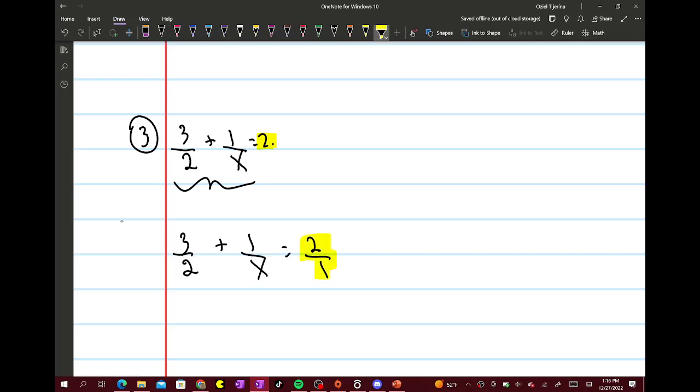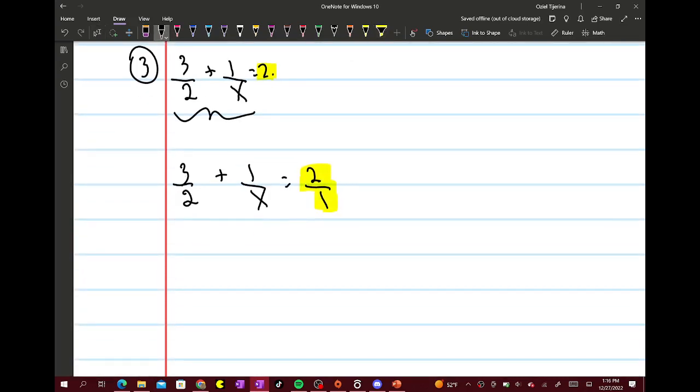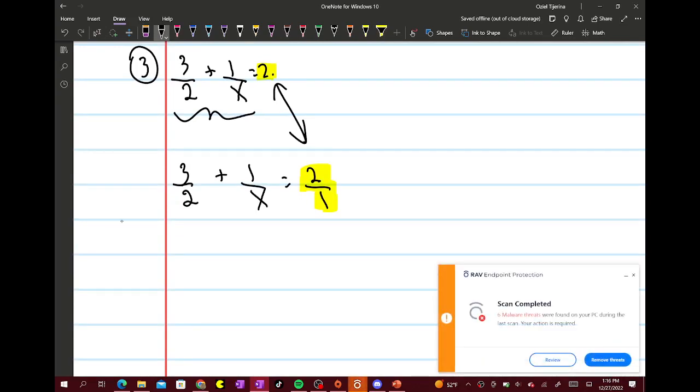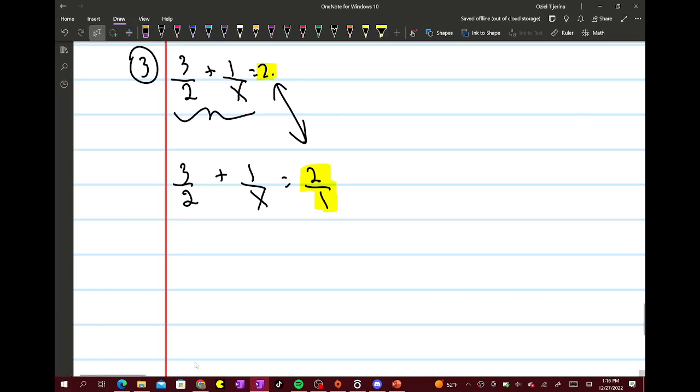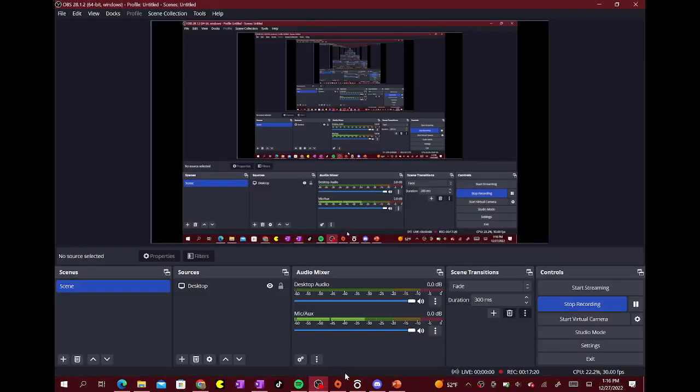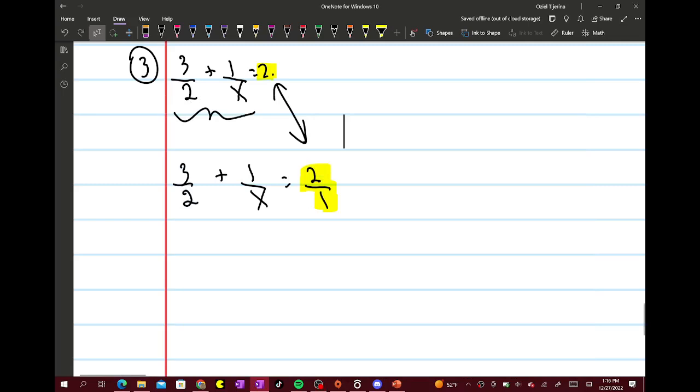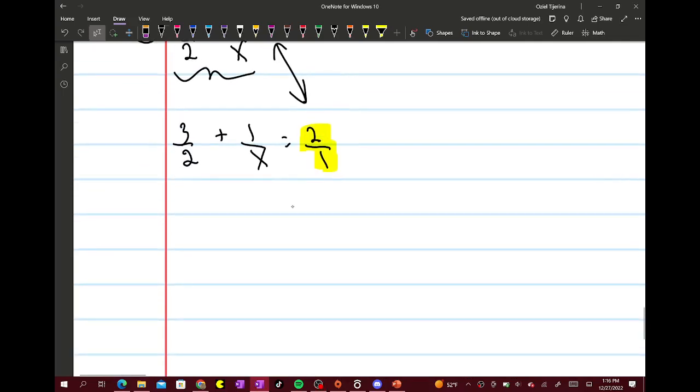This is really the same thing, right? They're both the same thing. And so basically, you can use cross multiplication or you can get the common denominator. Like I said, cross multiplication will save you a lot of time.